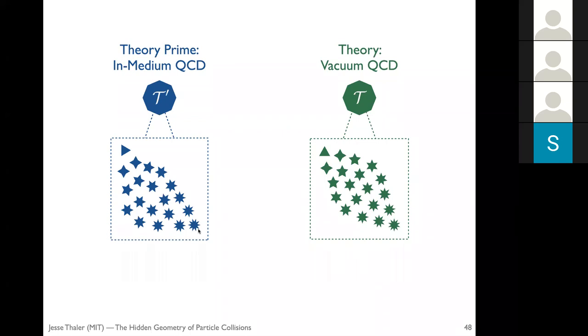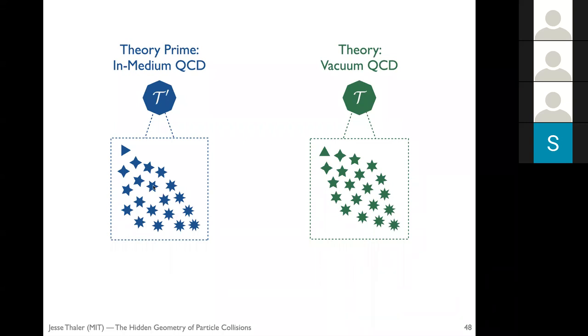And ideally, what you'd like to know is how do I get from a jet here to a jet there? So for example, if I want to understand transport properties of the medium, I would like to be able to take one jet here and watch it convert into the jet here. Now I can't do that because of course I can't actually go and find out what really happened.